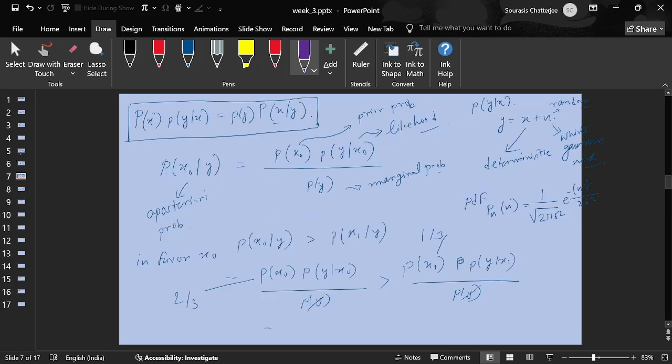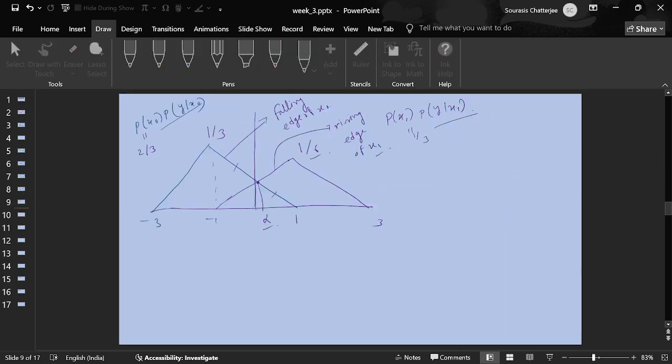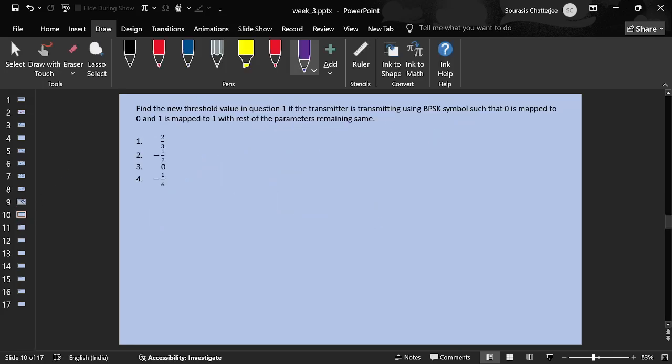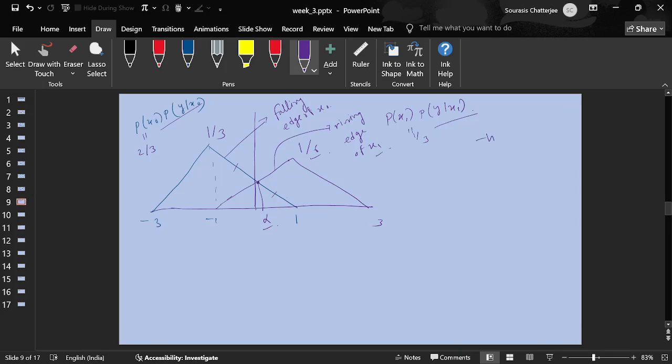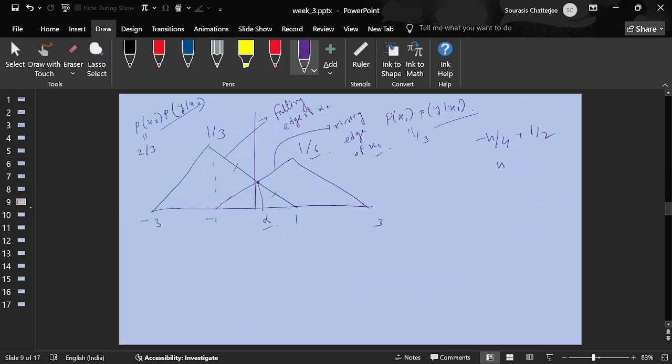So what was the falling edge equation for the noise? Let's check. Minus n by 4 plus 1 over 2, right? So minus n over 4 plus 1 over 2 was the falling edge expression, and the rising edge was n over 4 plus 1 over 2. This is falling and this is rising.